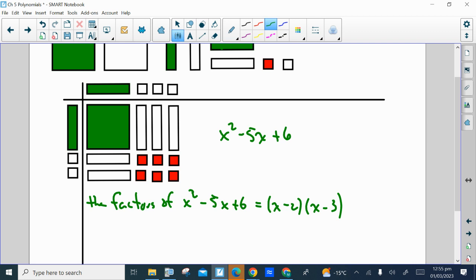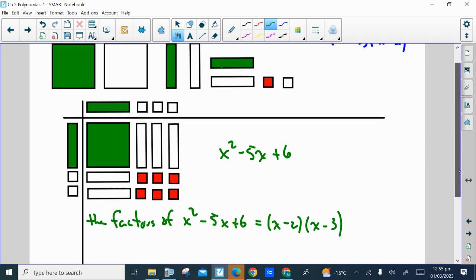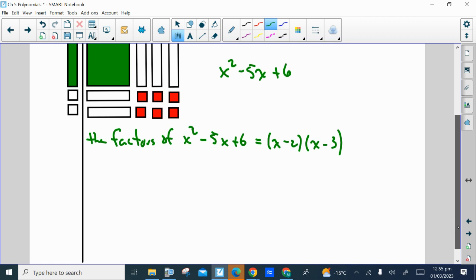So that means if you factor x squared minus 5x plus 6, you'll get x minus 2 and x minus 3. Those are the two factors. Okay.